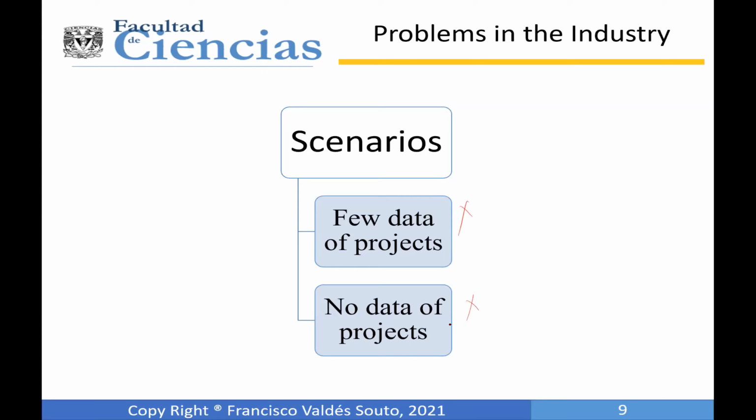Very little data means they are collecting, as project management information, the name of the project, the area where it was developed, maybe the cost, and so on. That is all, but they don't collect some other variables.